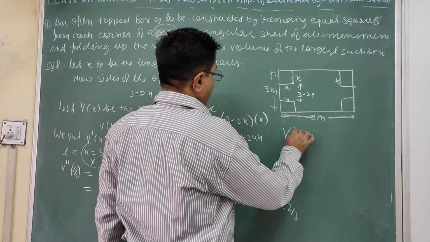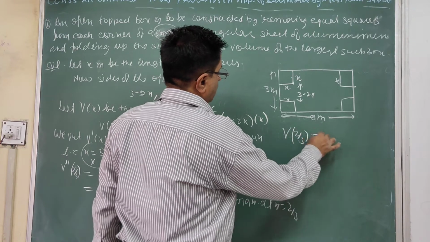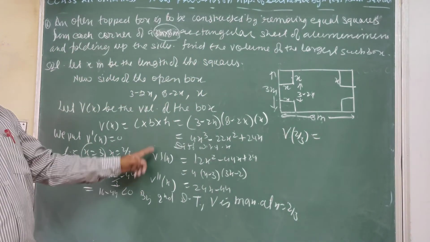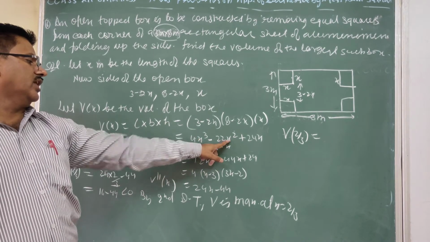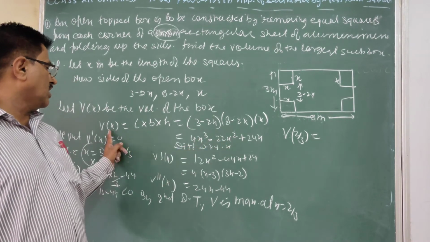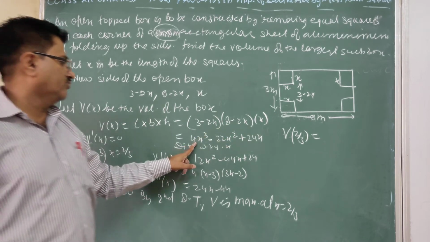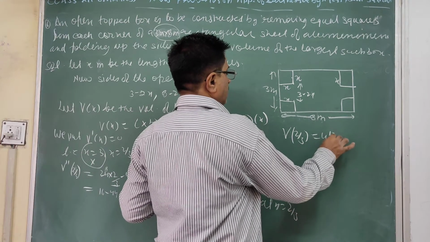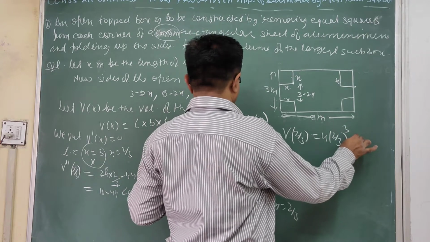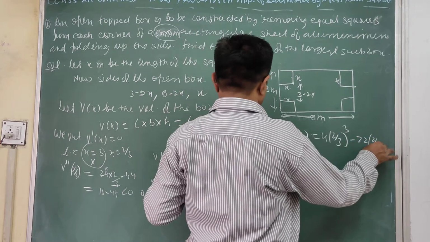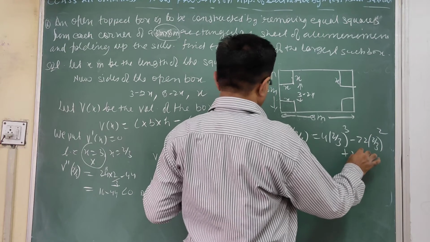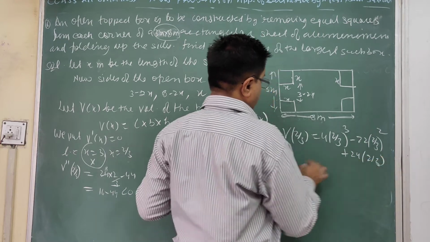Now we have to find the volume also. The volume will be using this formula, so put x equal to 2 by 3: 4 into (2 by 3) power 3 minus 22 into (2 by 3) power 2 plus 24 into 2 by 3.